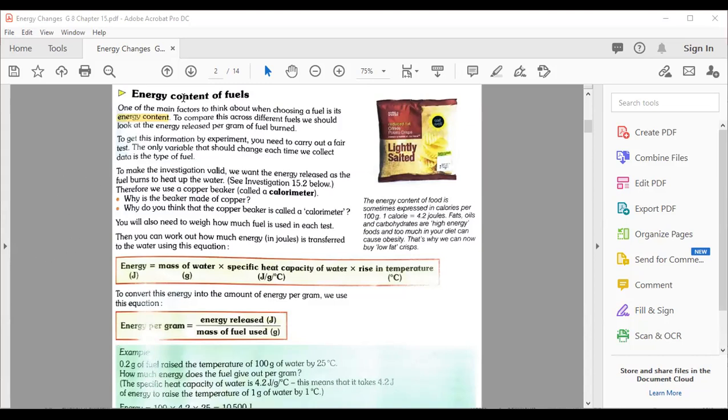For example, as I show you here, you put something in it and let it burn. When that starts to burn, you put a beaker on it, and in this beaker you put a thermometer. You fill it with water.